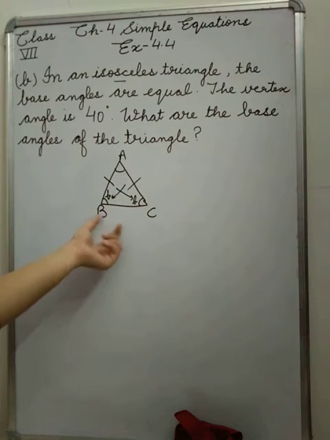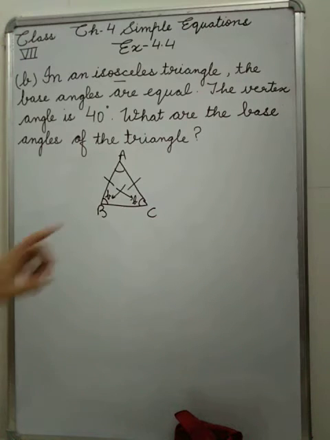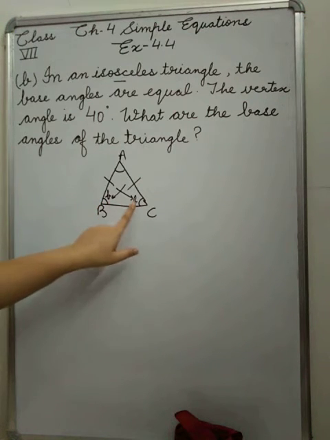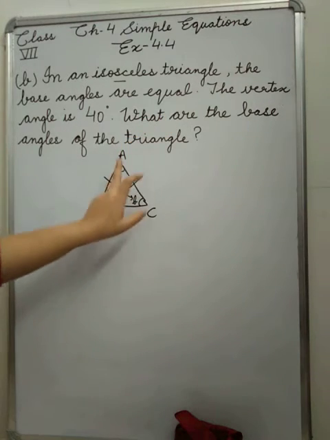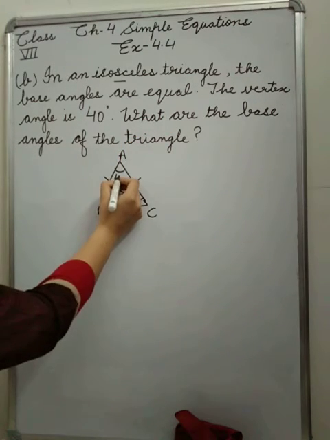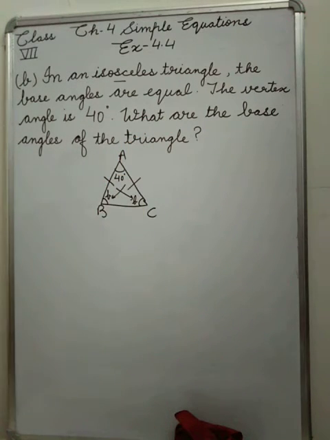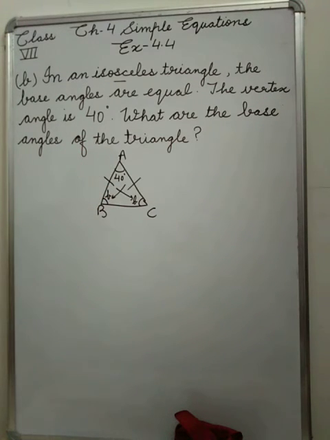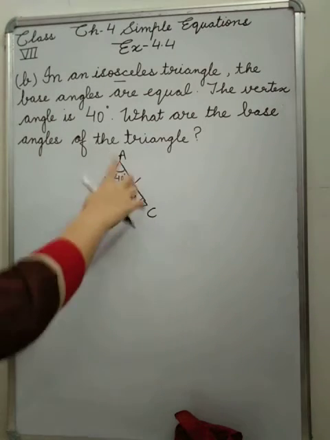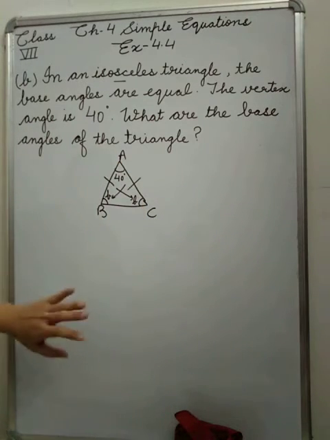So we suppose this is B and B. Now the vertex angle, the third angle which is left, is 40 degrees, which is given. Now you know the sum of all the angles of a triangle is 180. This is the angle sum property.